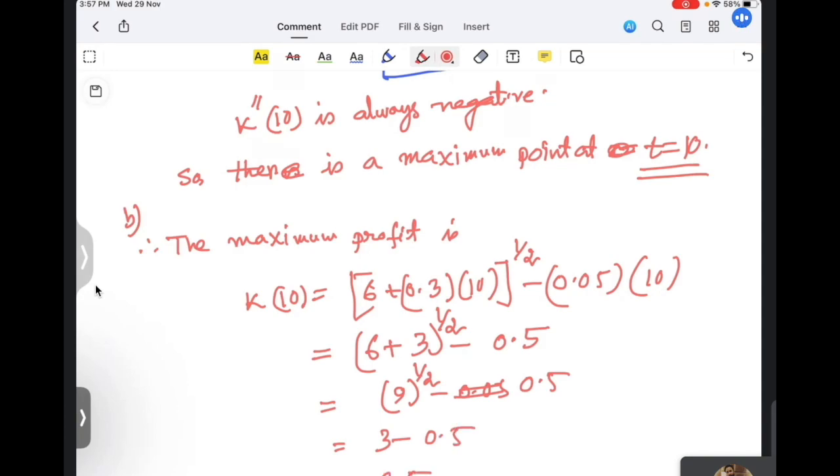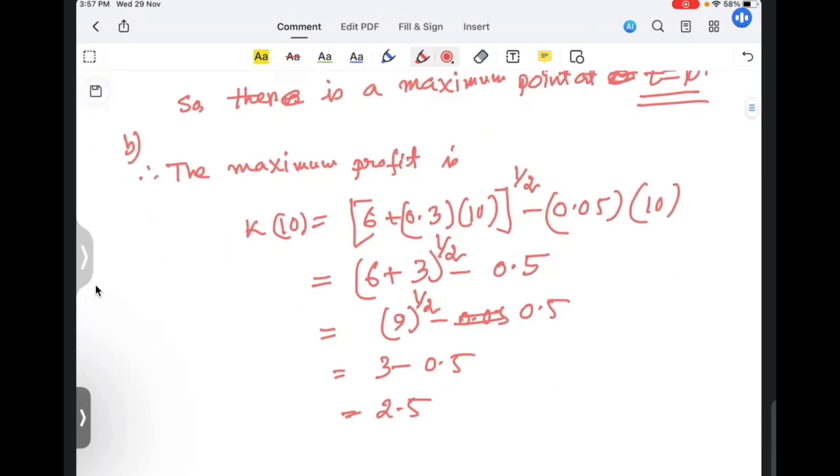So 2.5, whether dollars or taka, whatever, it will be in hundreds of pounds. 2.5 in hundreds of pounds.